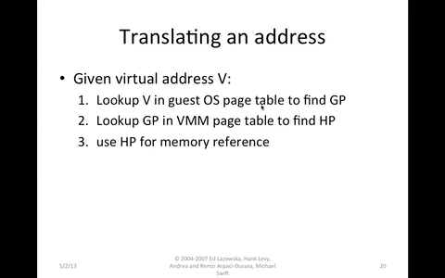The guest OS now does the totally normal things it does for a page fault: check if it's a valid address, allocate some memory, fix up the guest page table, and then it will return.